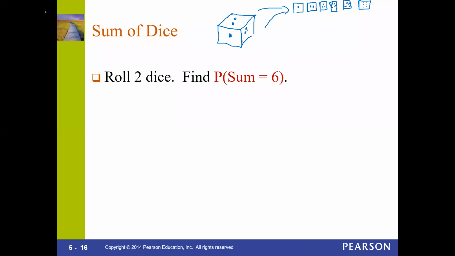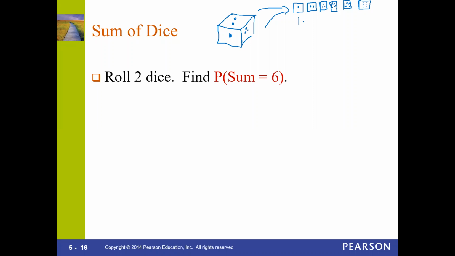Now they're saying to roll a dice and find the probability whenever the sum is 6. Okay, so how do we do that? What do we get for the sum to be 6? Notice that if I got the first card, this is 1, okay?